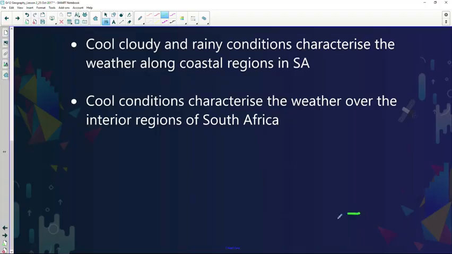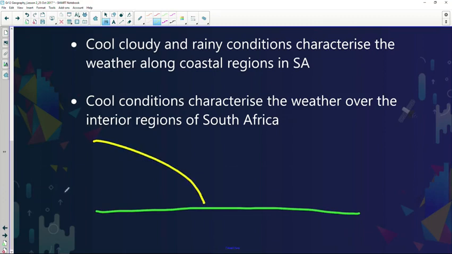Now, believe it or not, grade 12s, that frontal rain that you discussed in grade 10 is mid-latitude cyclones. Now, if we quickly just revise on frontal rain, what basically happens? Frontal rain is when cold air approaches.